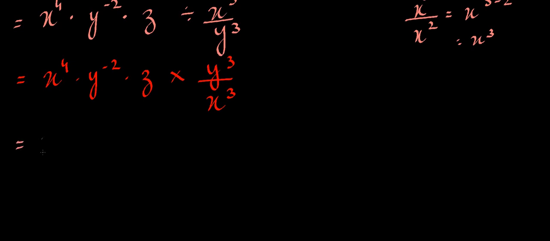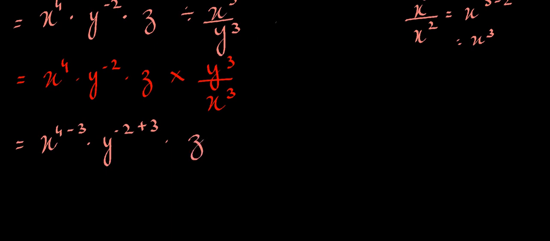That's equal to x raised to 4, this x and this x both are in division terms, so we will be subtracting the powers, into y raised to minus 2, again same base y. Here they are multiplying, so this 3 will be added, and our poor little z is left alone, doesn't have any partner.